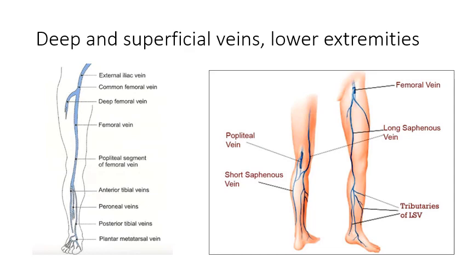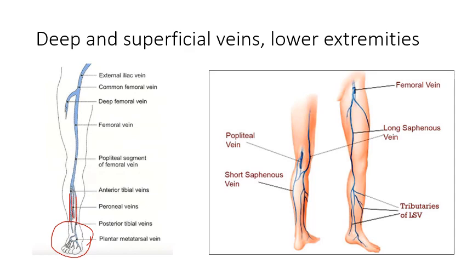So for the veins, I would like for you to think of this slightly differently than arteries. When it comes to the veins, we typically divide this into a deep and superficial system, and the deep system on the left is similar to the arteries in terms of foot veins that drain into the posterior tibial vein, anterior tibial vein, and the peroneal or the fibular vein.